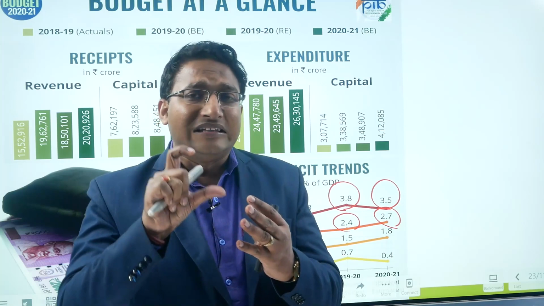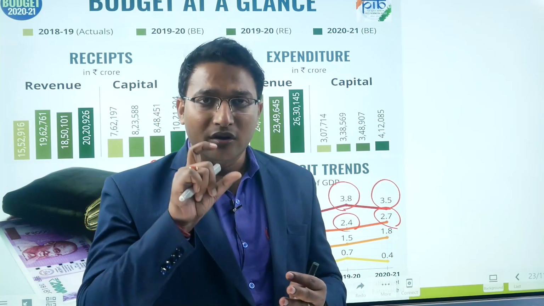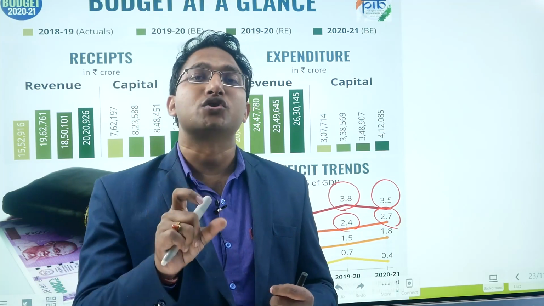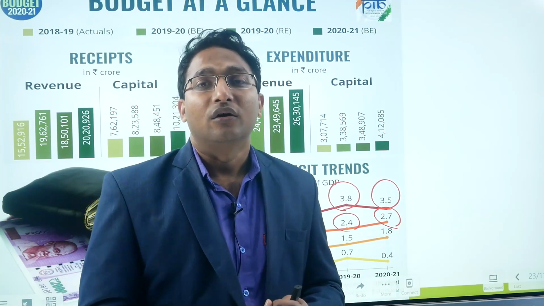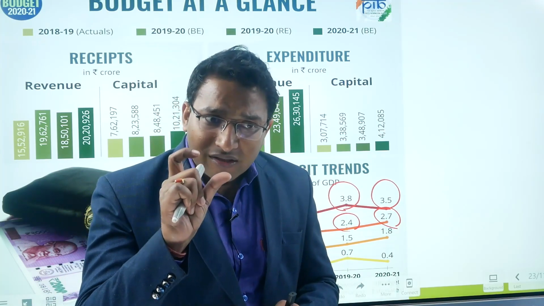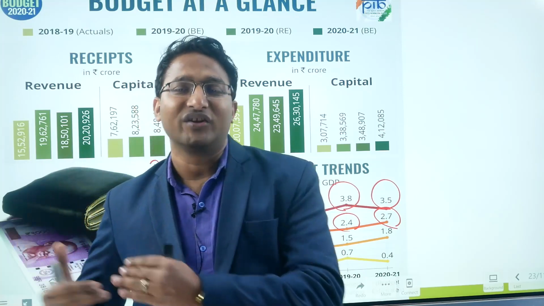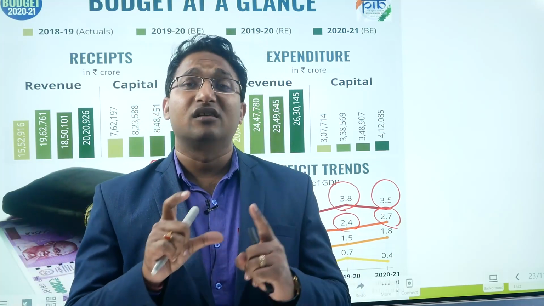to eliminate this wrong notion, we reduce the amount of grant which has been given for capital assets to the state government. We reduce that amount from the revenue expenditure of the central government, and when that is done, we get the effective revenue deficit.